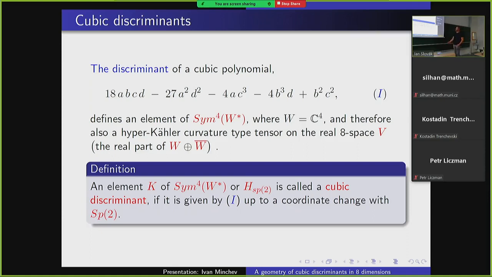So this is, let's say, a totally symmetric 4-tensor. For example, if you want to think of the discriminant as a symmetric tensor, then it's a totally symmetric 4-tensor for which there exists a special basis, compatible with the action of Sp2, so that this tensor would be the discriminant of a cubic polynomial with respect to this basis. So that's how we can think of this.